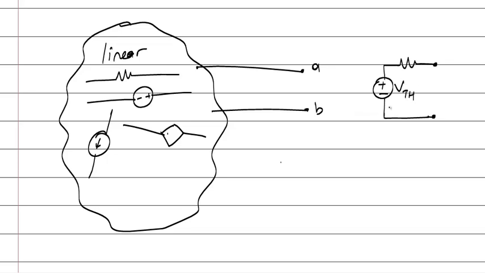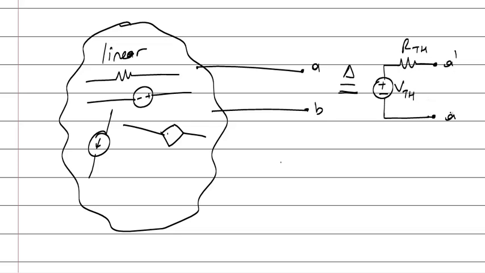Let me say the voltage of this source is the Thevenin voltage, and let me call the resistor the Thevenin resistance. If you select a proper resistor and a proper voltage source, this simple circuit will be equal to that huge circuit that contains lots of components. This is the circuit, and this is the Thevenin equivalent model of that circuit.